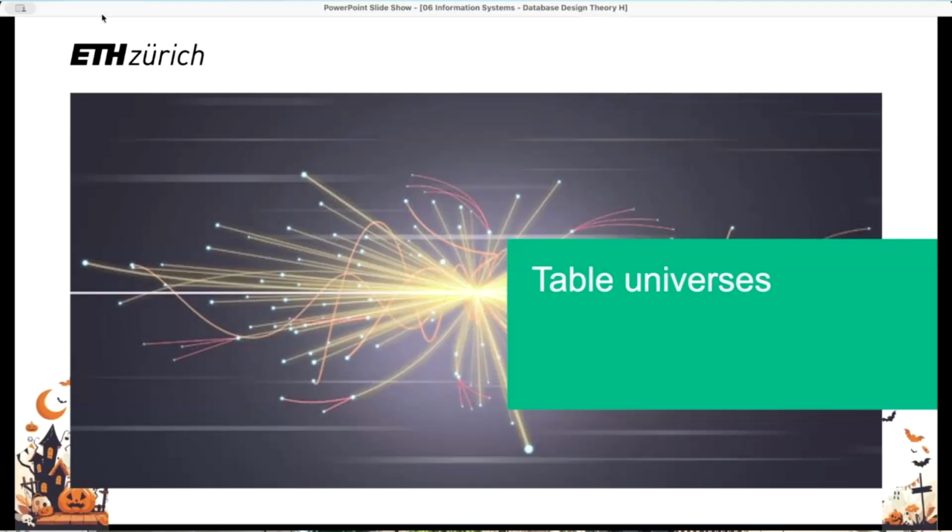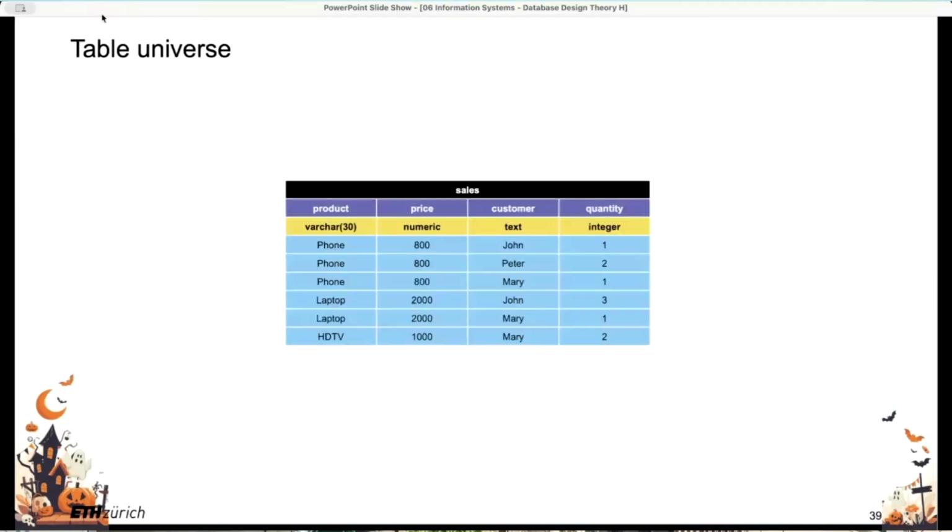The next concept that I want to introduce is that of a table universe. It sounds fancy, but actually it's very simple. It just says that tables evolve over time. When you have a web shop and people order from your website, it changes the tables. So over the months, over the years, you're going to have plenty of versions of the same table.